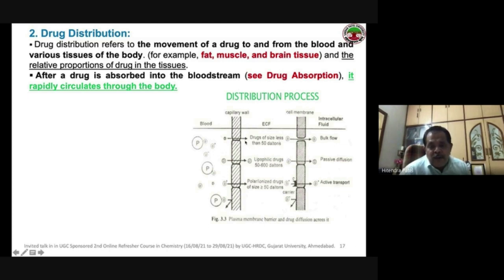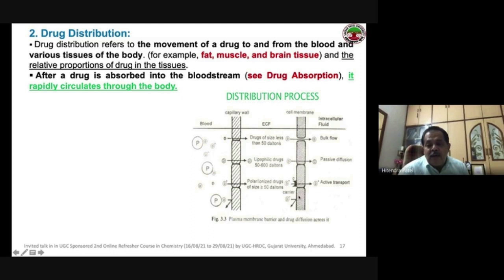So here you can see the drug of size less than 50 daltons is passed over here and enters into the extracellular fluids. Now here the lipophilic drugs, that means 50 to 60 daltons, we have the characteristic of a drug molecule that enters over here, and then you can see here the polar and ionized drug molecule with the size of 50 daltons entering the extracellular level, and then it crosses the cell membranes.